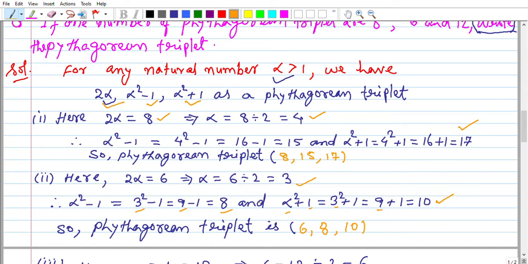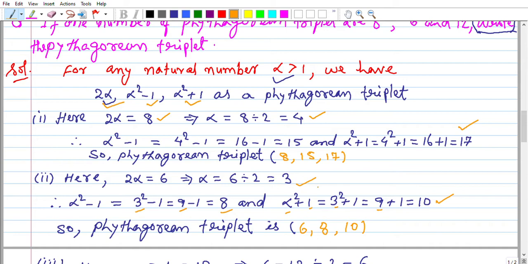So we can write, Pythagorean triplet is 6, 8, 10 respectively. I hope that the above explained contents are helpful with respect to Pythagorean triplets. Isn't it, my dear learners?